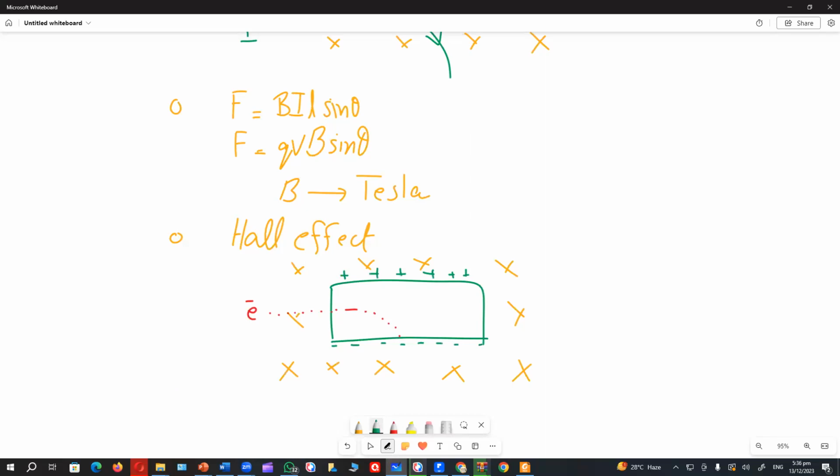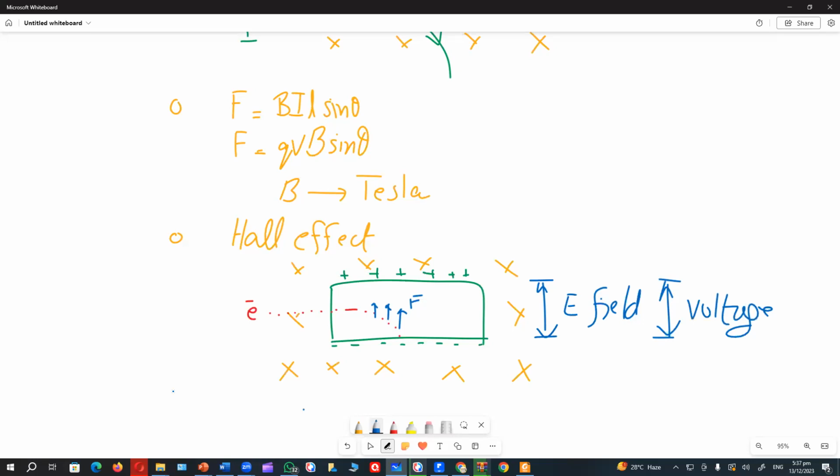Now, after some time, the new electrons will begin to get an upward force, because now there is an electric field across the conductor. Now they experience an upward force against the downward force. This develops a potential difference or voltage across the plate. This is called the Hall effect.